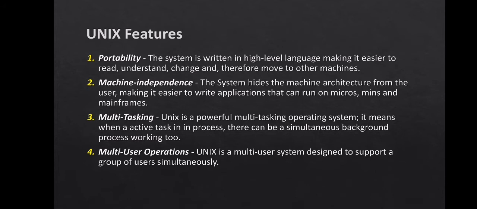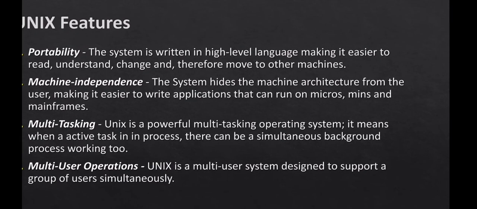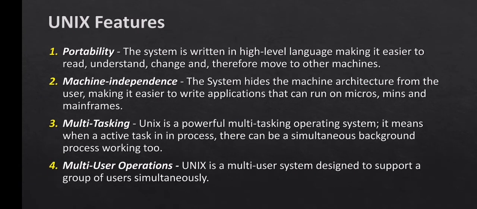Now, here are some of the features of these Unix versions. First, we have portability. When you talk about portability, it means that the system is written in a high-level language, making it easier to read, understand, change, and therefore move to other machines.